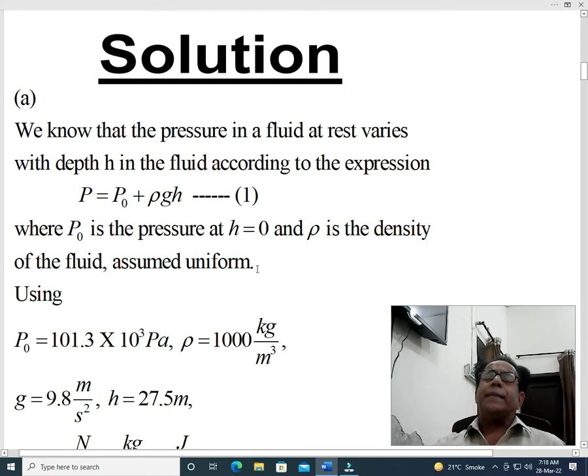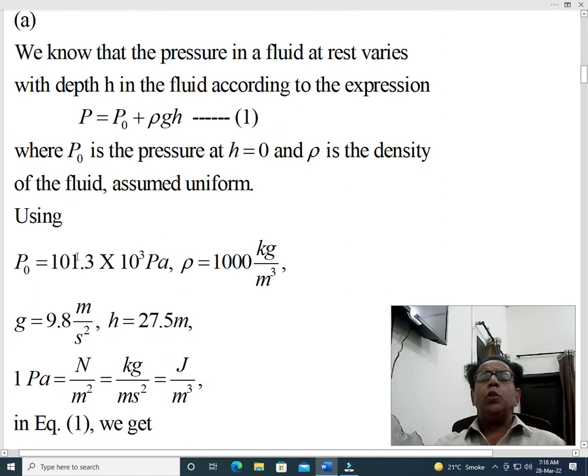Because density is always uniform and is a constant. So using P naught equal to 101.3 into 10 raised to the power 3 Pascal and rho equal to 1000 kilogram per meter cube, both these values are given in this statement.